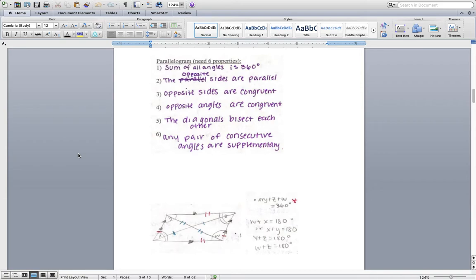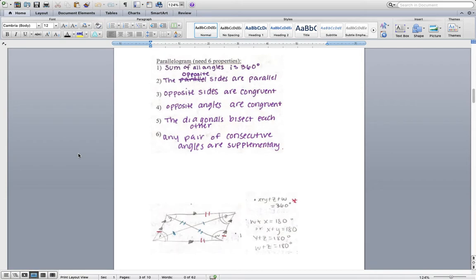So write down X plus Y plus Z plus W. All of those add up to 360, all 4 angles. And then W plus X, look at W and X. Those are consecutive angles. Those are the 2 next to each other, and they're going to add up to 180. Okay? X plus Y is also consecutive.